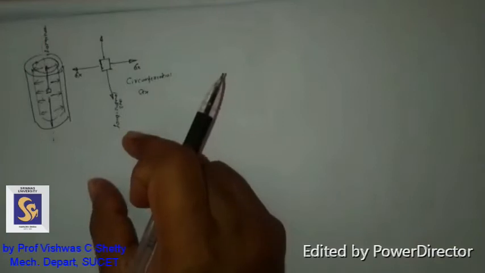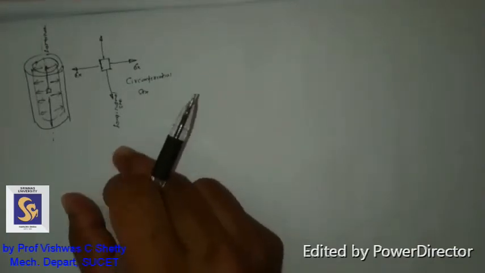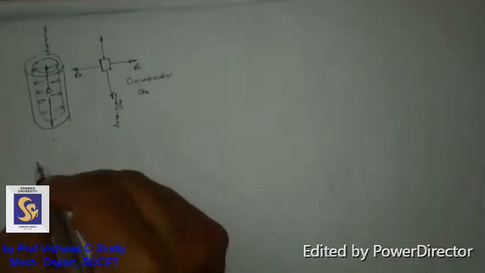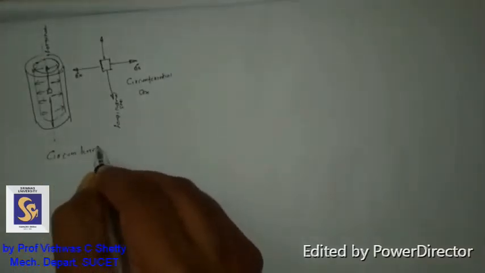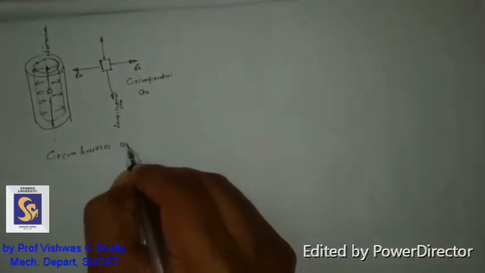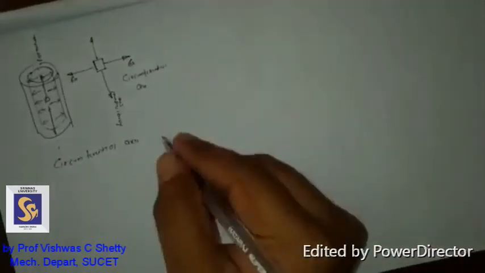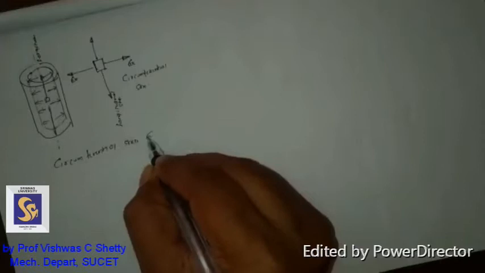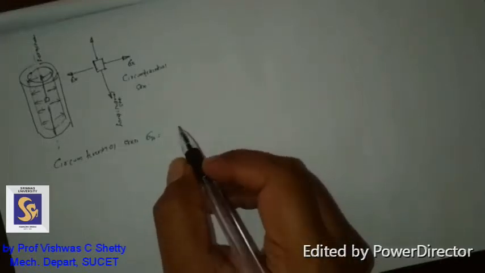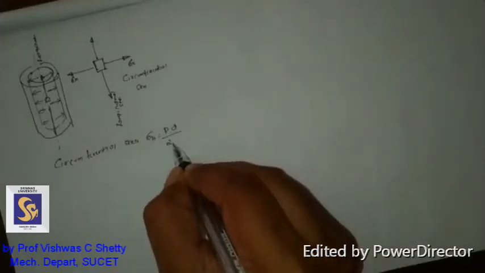There is a small derivation, which is not required, for how you get this circumferential stress. What is the formula for circumferential stress? The same as in the previous class. Sigma h equals p d by 2 t, that is, small p into small d upon 2 into t.